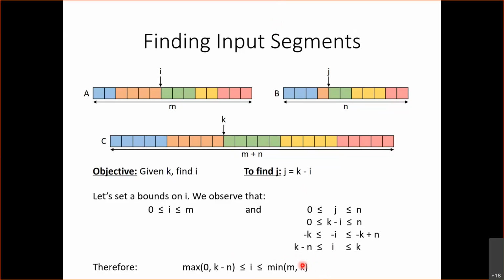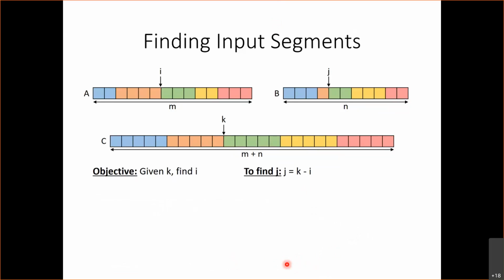All right, great. So now we have a bound on I. We know that it's between this value and this value. The next step is to find I inside of this bound.